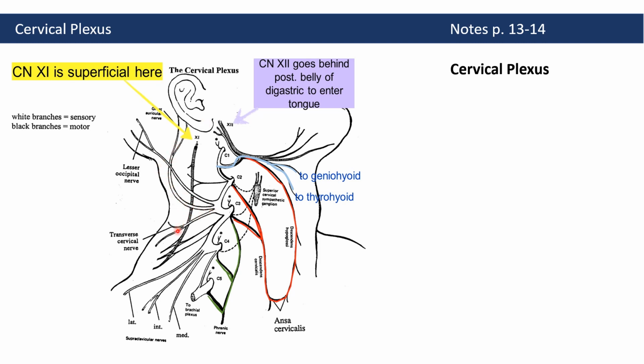And then our transverse cervical nerve emerges from the posterior border of the sternocleidomastoid to travel transversely, often across the sternocleidomastoid, to provide sensory innervation to the lateral and anterior neck. The supraclavicular nerves include a medial, intermediate, and a lateral branch.